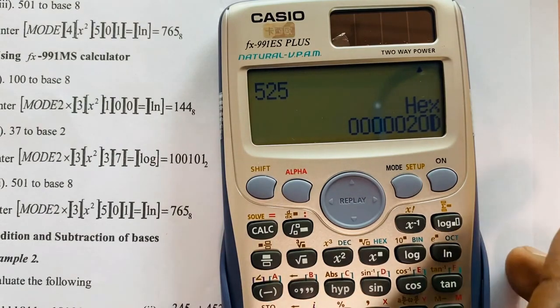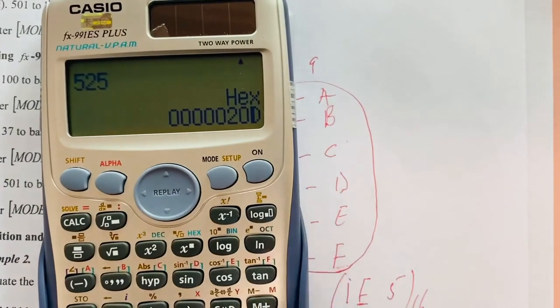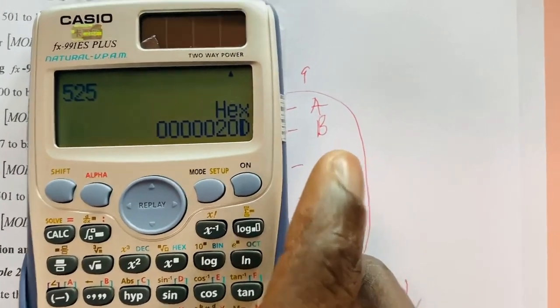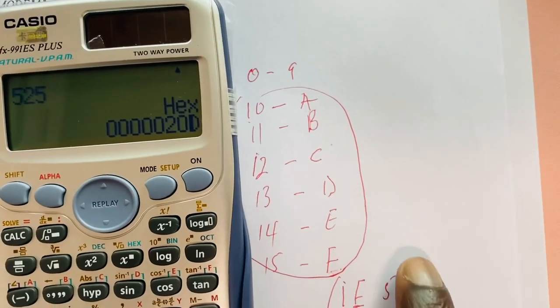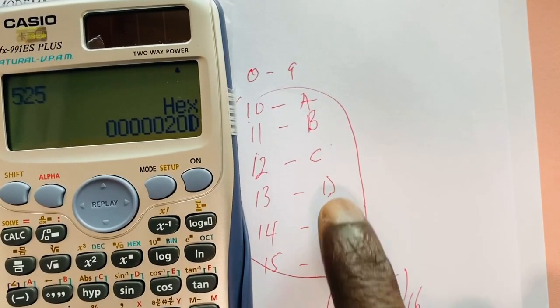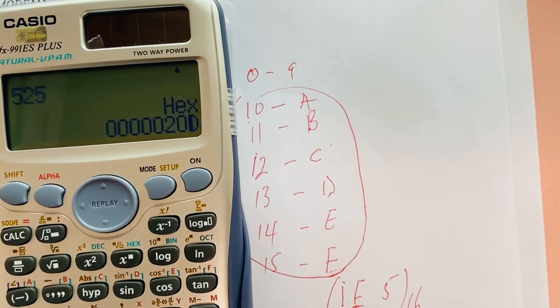Yes, now with 20D, we can be able to know what D is. So now we have 20D, and the D is 13, so it's going to be 2013 base 16. That's for when you are converting to base 16.